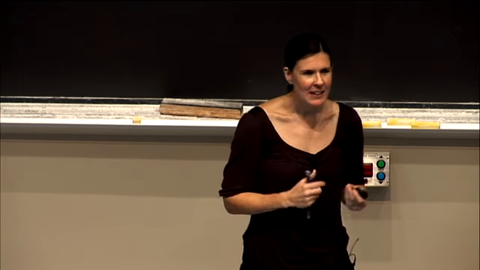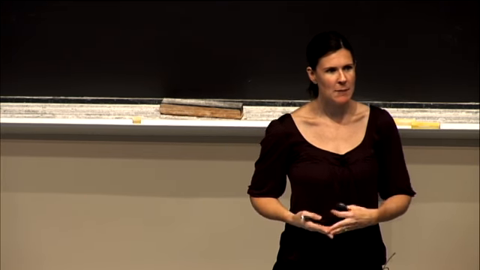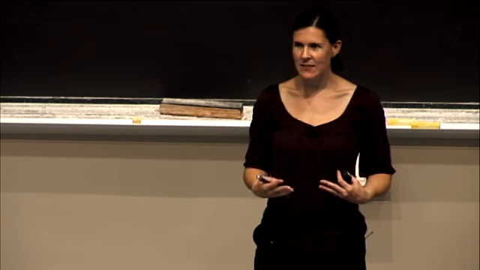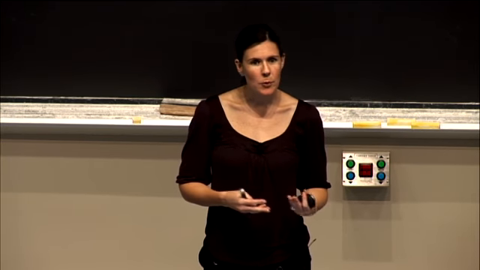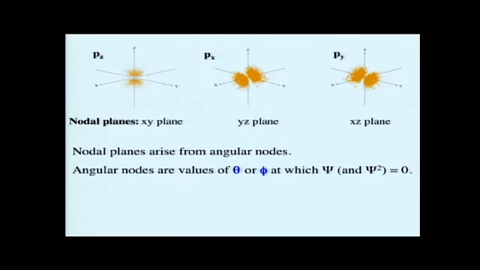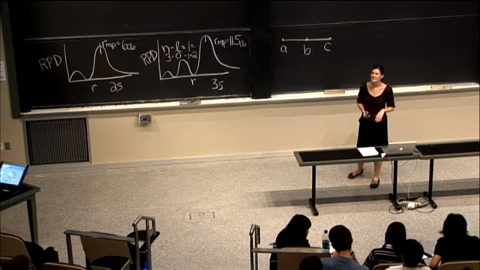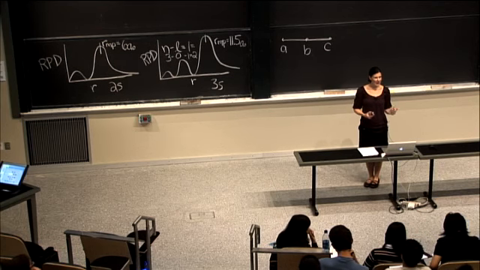So let me get a little bit more specific about what we mean by nodal plane and where the idea of nodal plane comes from. Nodal planes arise from any place you have angular nodes. So we talked about radial nodes when we were doing these radial probability density diagrams here. You can also have angular nodes.